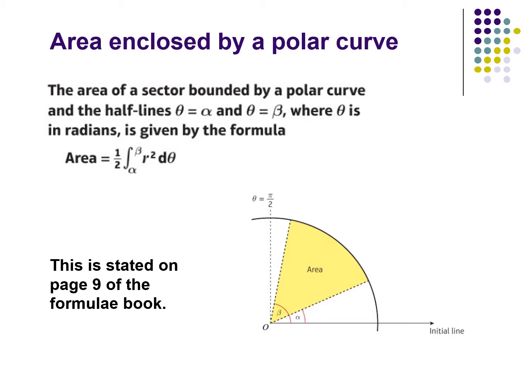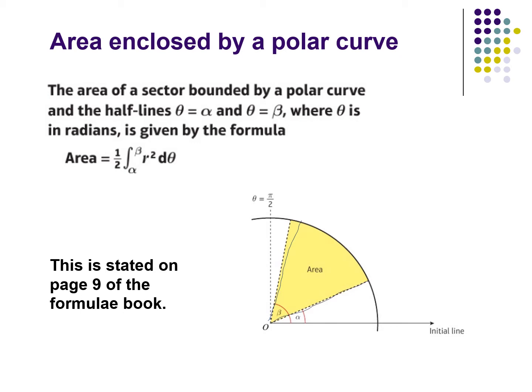Important things to notice with this: we're doing integration to find an area, but look at what our limits are. Our limits are values of theta. So when we're finding an area, instead of integrating over vertical lines if we're integrating with respect to x, or horizontal lines if we're integrating with respect to y, what we're doing is integrating between lines that come out from the pole.